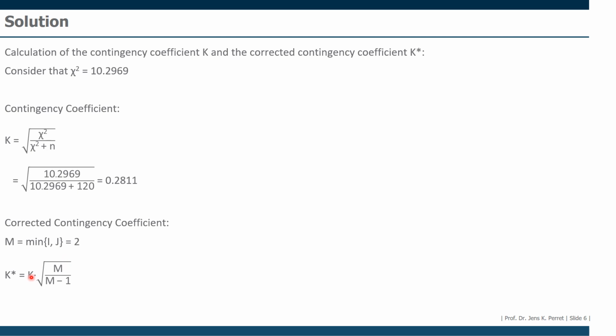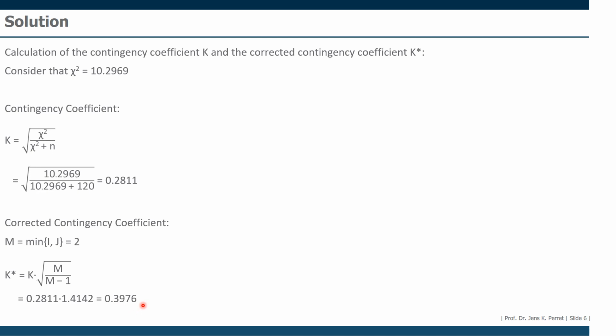So it's basically the contingency coefficient k times the square root of 2. I'm going to calculate this, and I get as a result 0.3976. And that's a value I can now interpret using the same thresholds I know for other measures of association.